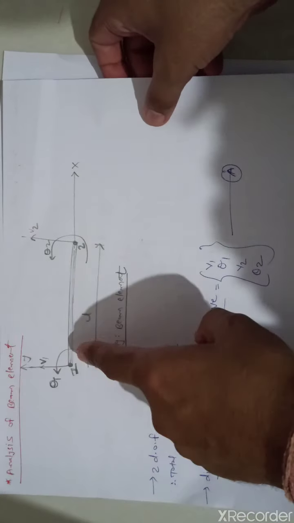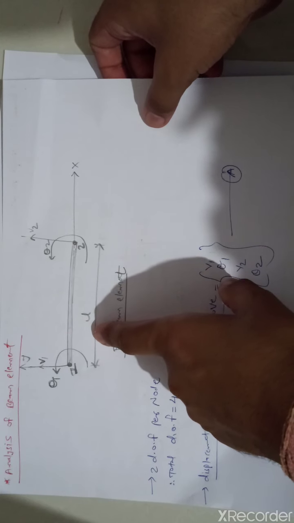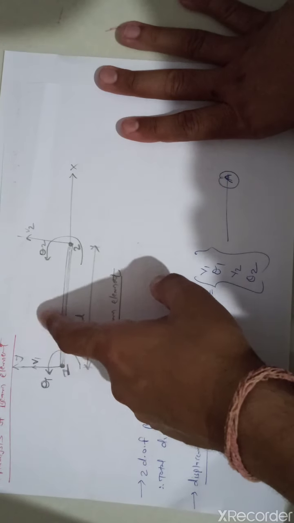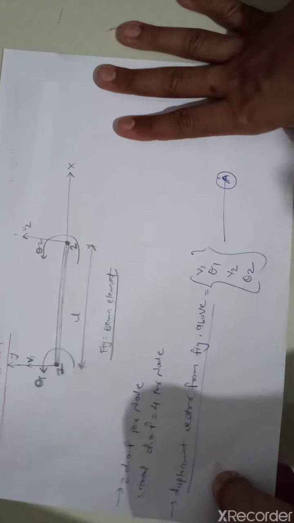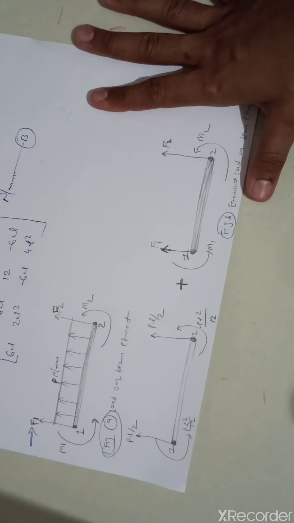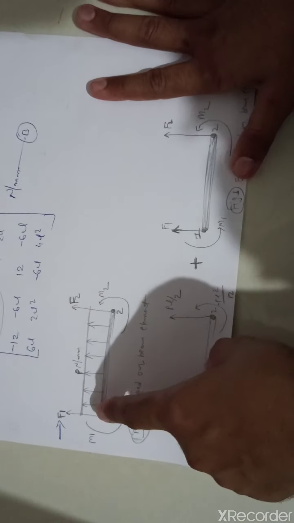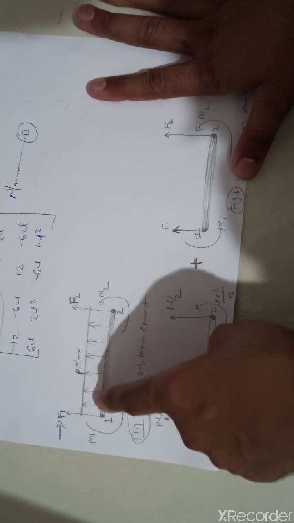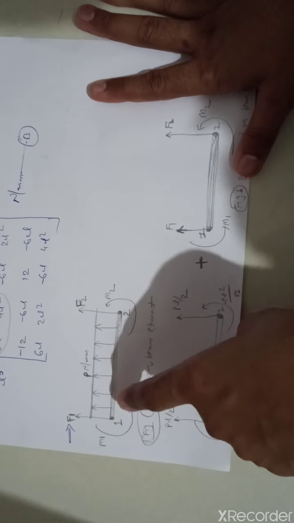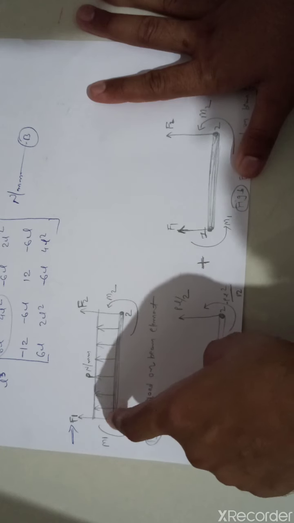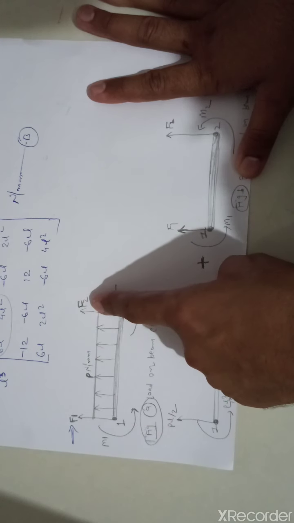Now from this figure, if we consider that a load is acting on this beam, then our figure looks like this. Let's consider a UDL acting on this beam. This is our force F1 and this is our force F2.